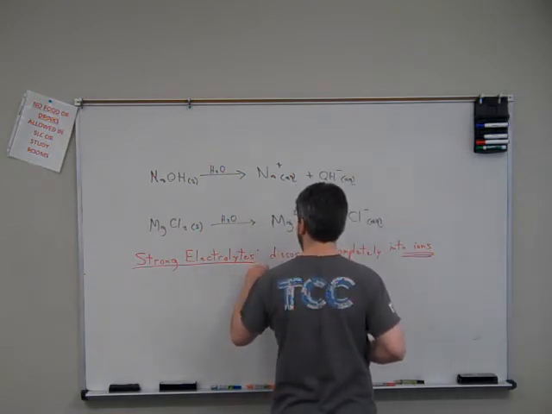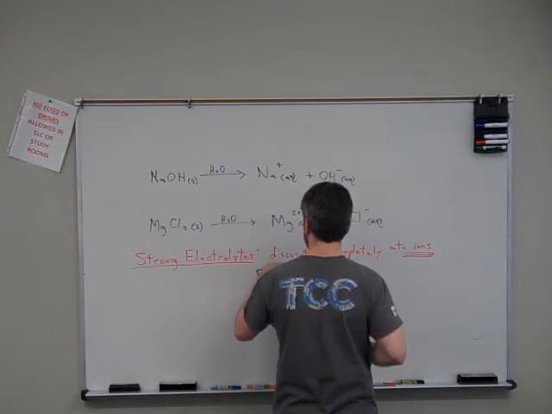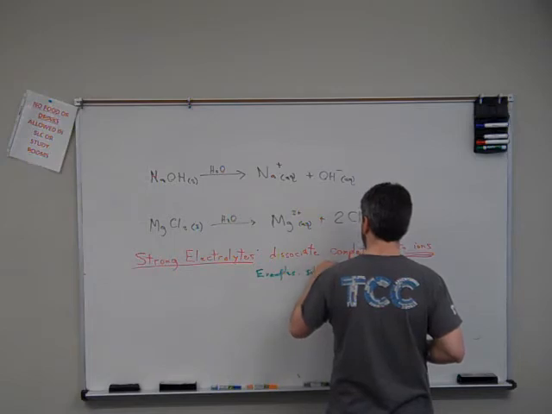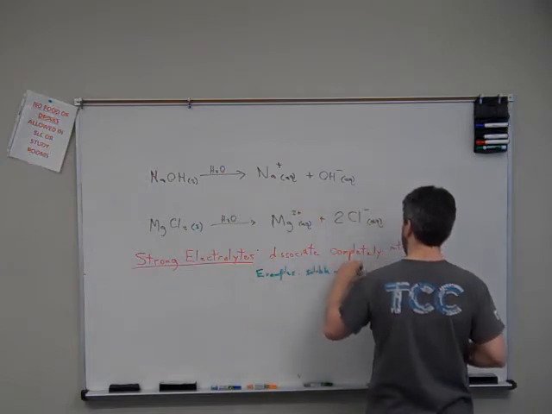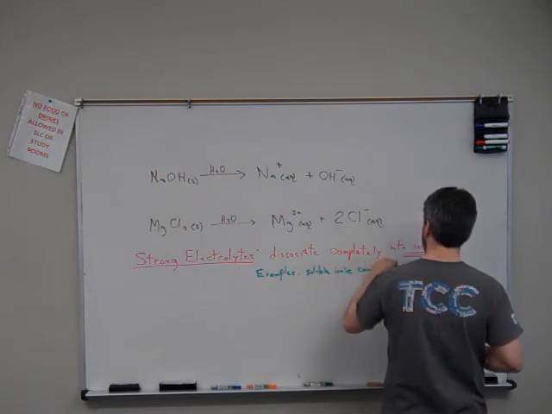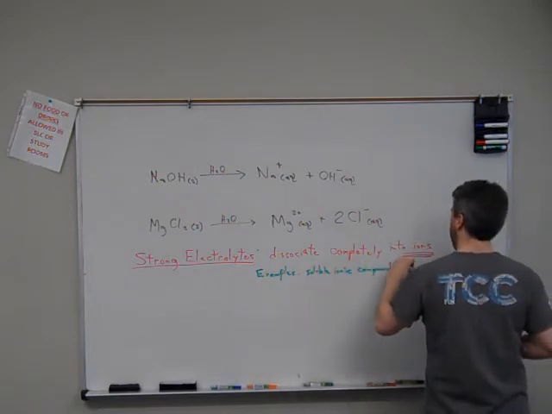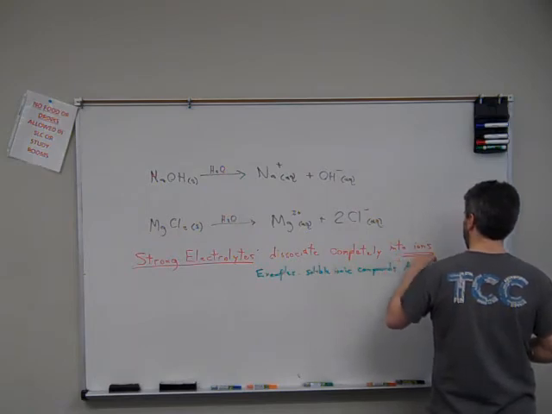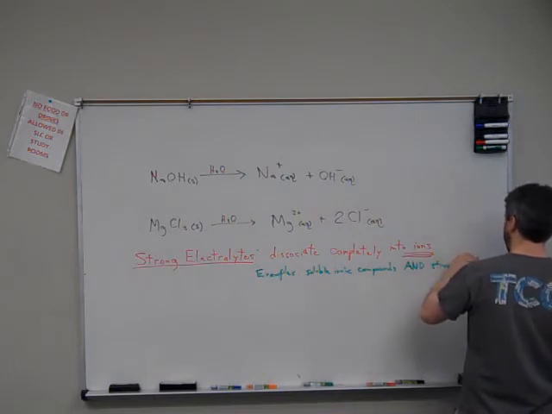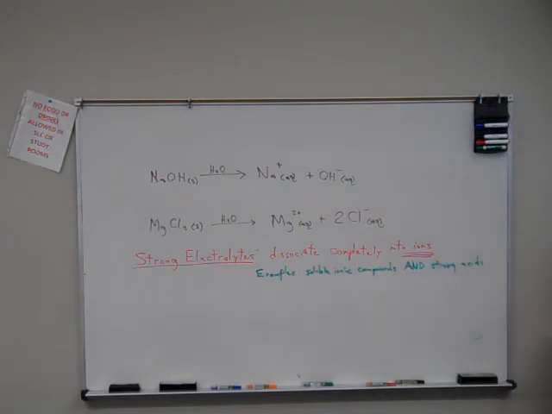Examples of strong electrolytes would be any soluble ionic compound, and strong acids. Soluble ionic compounds and strong acids.